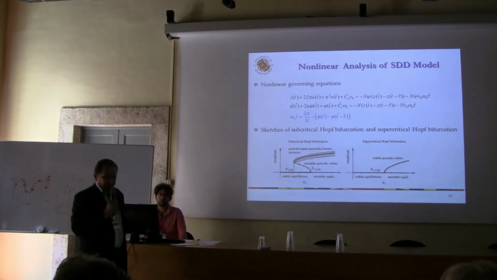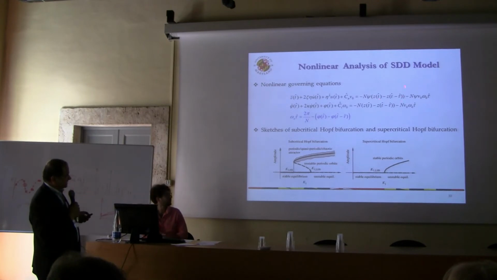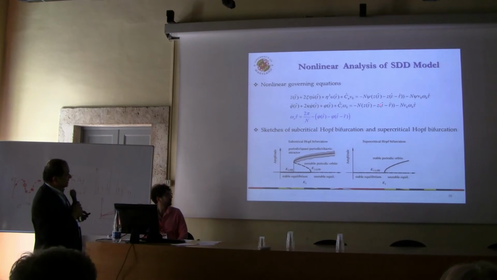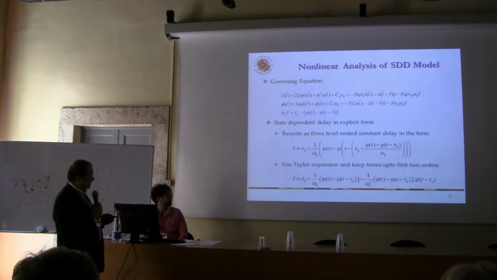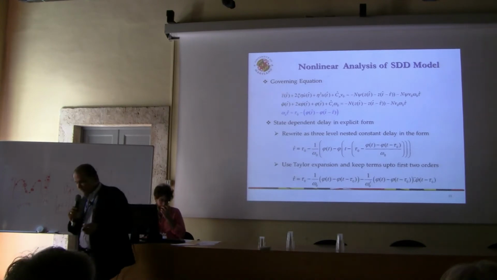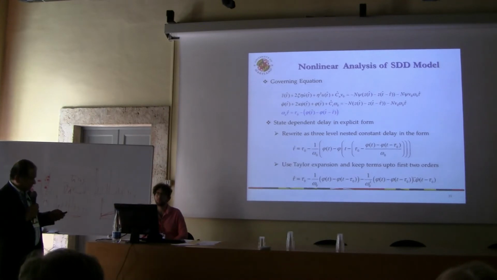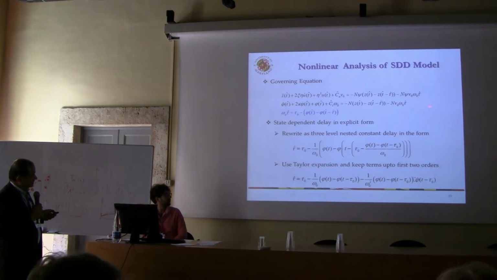All the nonlinear terms are on the right-hand side. Those are all because of the state-dependent delay, because of approximations that we made in this model. So what we do is take that state-dependent delay and make it explicit by expanding it in the form that you see out there. Essentially, it's the first two orders that you expanded these terms out to, with this three-level nested construction.